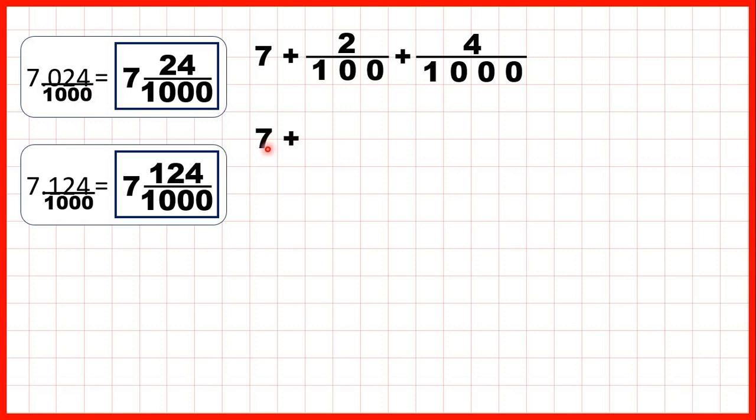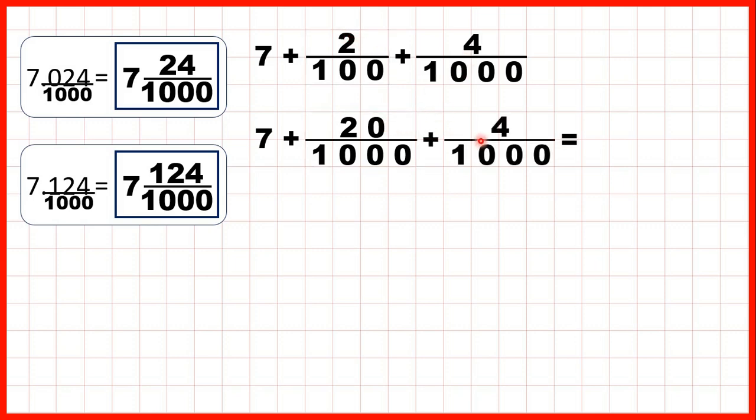Now, the 7 wholes can stay the same, but instead of writing 2 hundredths, we can write 20 thousandths. These fractions are equivalent because we can use multiplication to find equivalent fractions, and 100 times 10 is 1,000. What we do to the denominator, we do to the numerator as well, and 2 times 10 is 20. So then, if we add the 4 thousandths, we still have 7 wholes, but we have a common denominator.